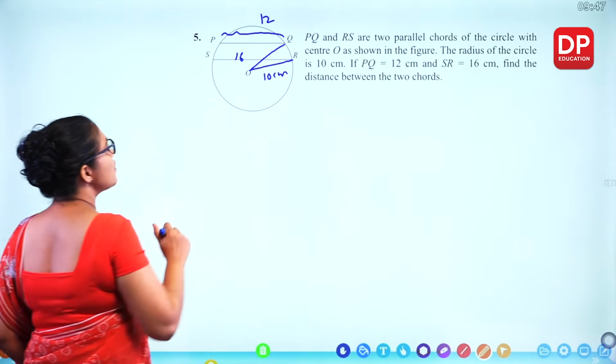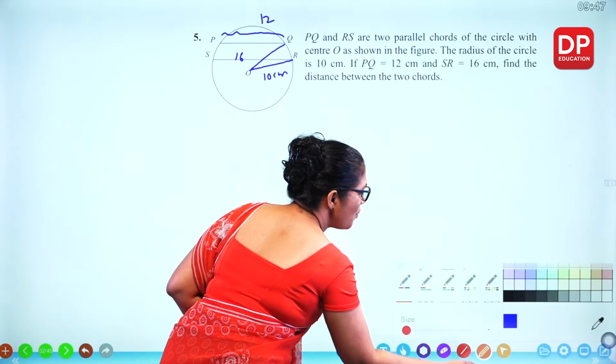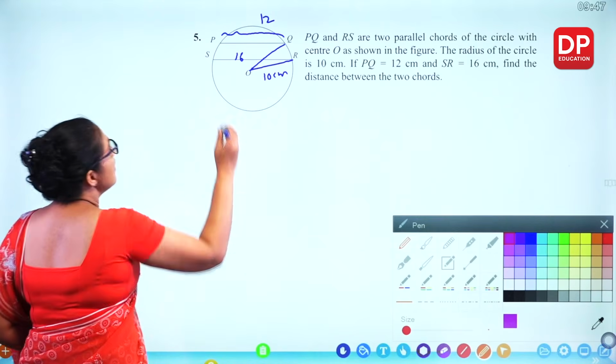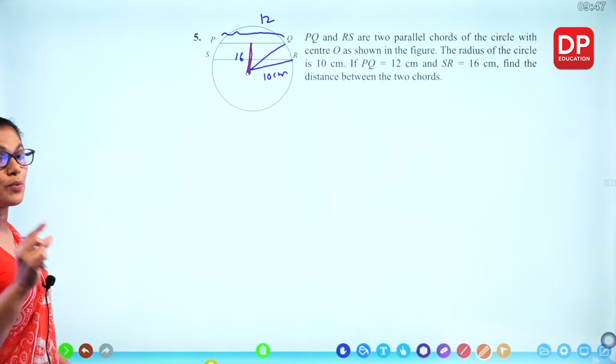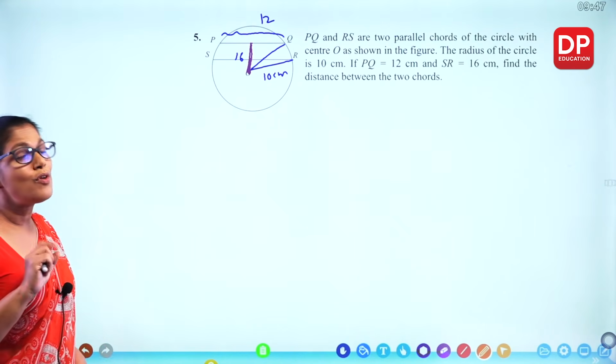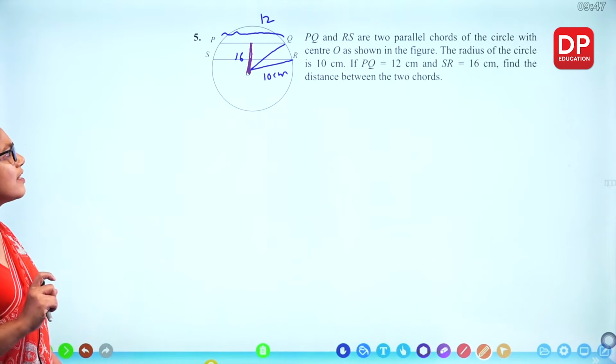In this case, when you are finding the two distances, you can find this one easily, and you can find this total height as well. If you want the distance between two chords, now you have to take the difference, not the addition.